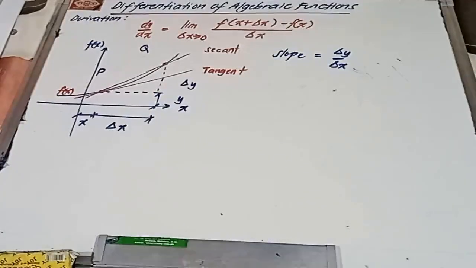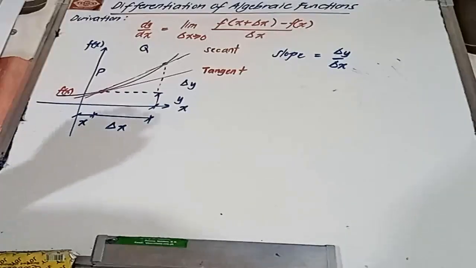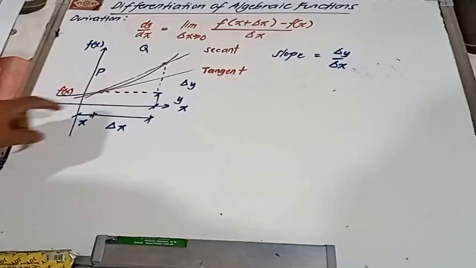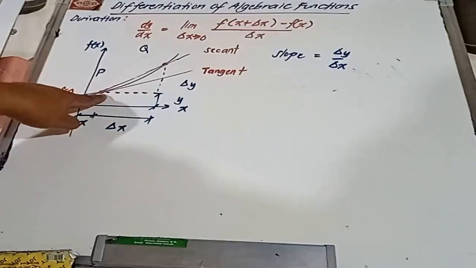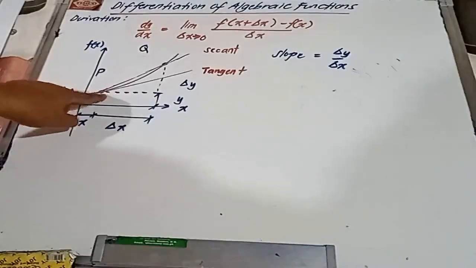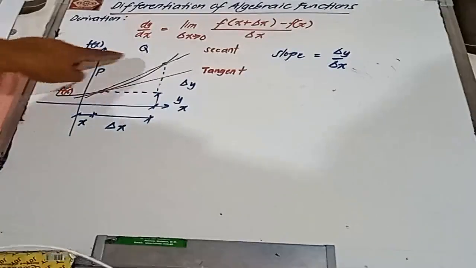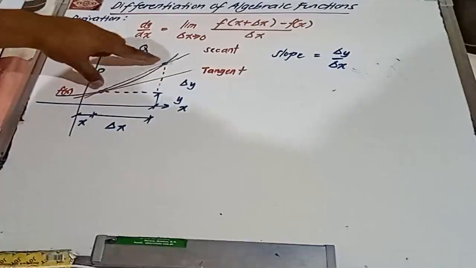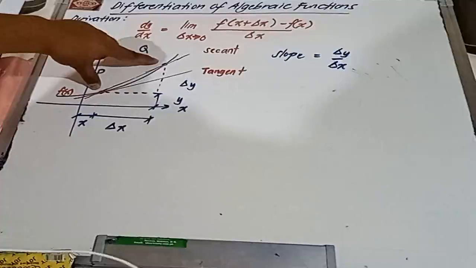Now, ang ginawa natin dun sa ating first video is ina-approximate natin yung steepness ng ating function by getting a point closer to another point P, which is yun yung kinakailangan nating steepness at this point. So, sa case na to, ang other point natin is point Q. So, kunin natin yung slope nun.